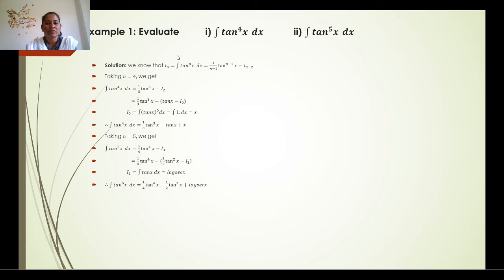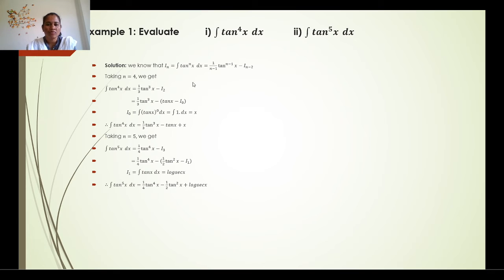So first we write the required formula. Already we know from the reduction formula of tan to the power of n x dx, In is 1 divided by n minus 1, tan to the power of n minus 1 x, minus I n minus 2. So here the power n is equal to 4. For that reason we have to take n is equal to 4, and substitute in the reduction formula wherever we find n.